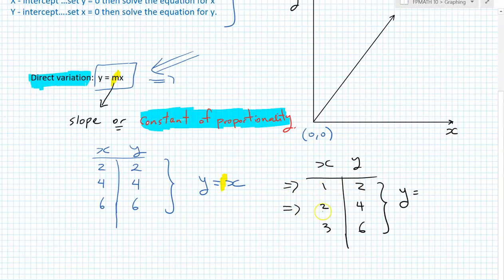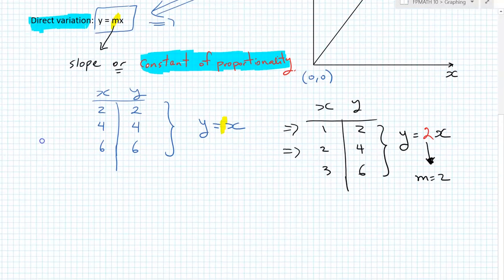Next one, x is 2, y is 4. So you notice that it's double. And therefore, once you have that set up, you have y equals 2 times x, where the constant of proportionality is 2, or the slope is 2.